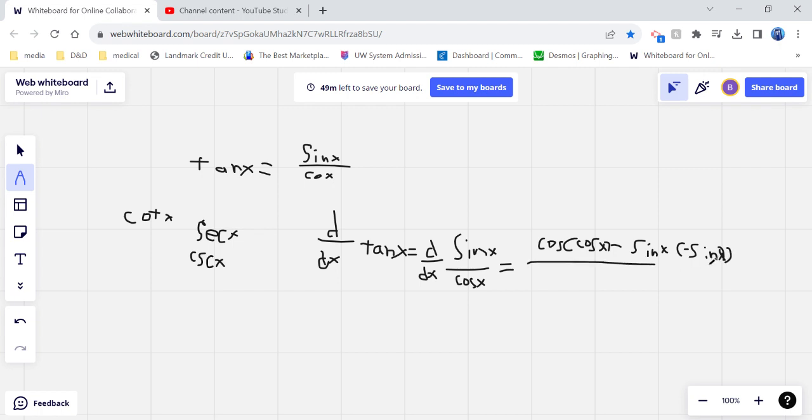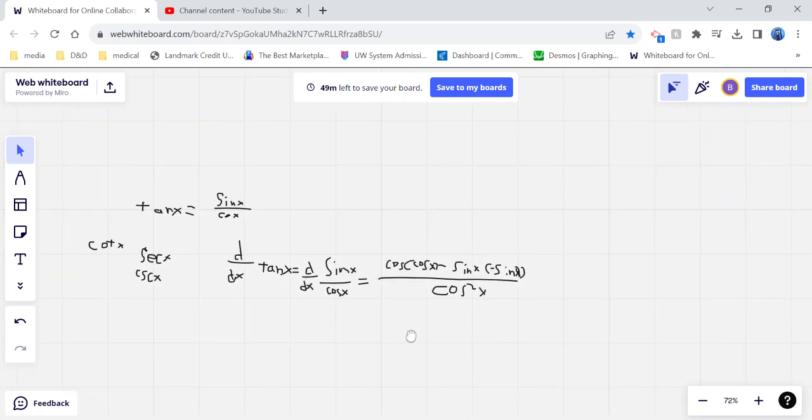And that all over low squared, cosine squared of x, right? That's just notation for cosine of x squared. They usually write that exponent with the trig function just for simplicity.